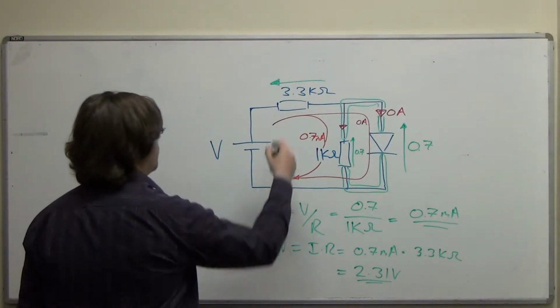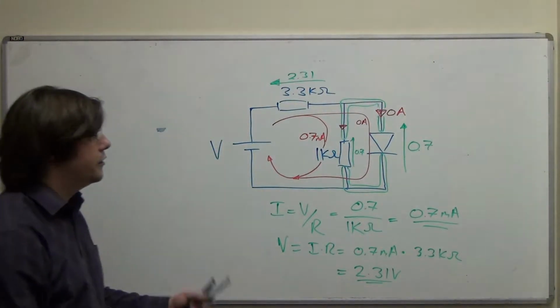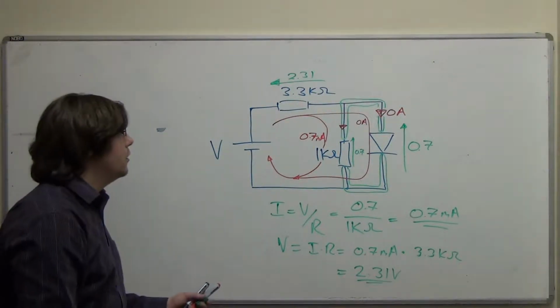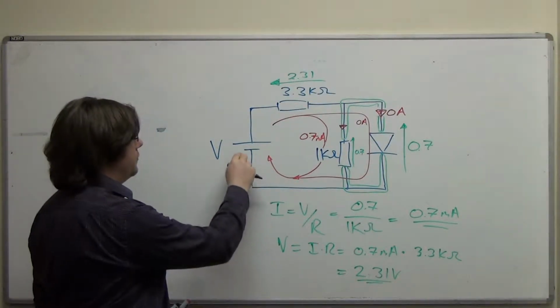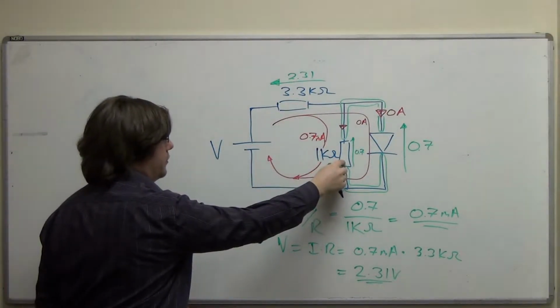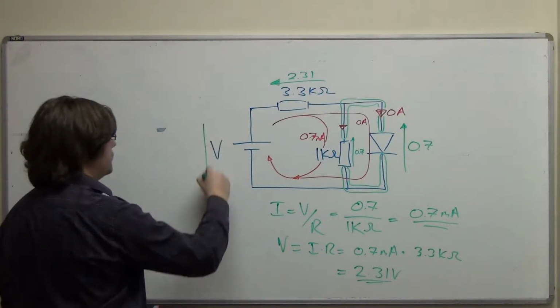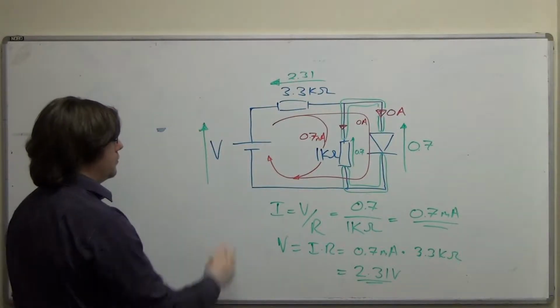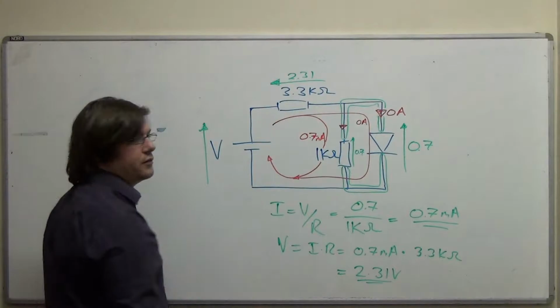So that's 2.31. And then I'm going to apply Kirchhoff's law for voltages around a loop to the loop which involves V, R and R. What I'm really saying is that whatever voltage I've got across the source must add up to whatever this is plus whatever that is.